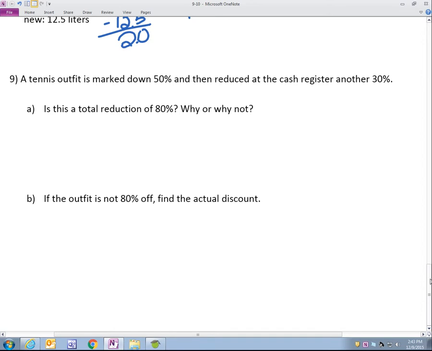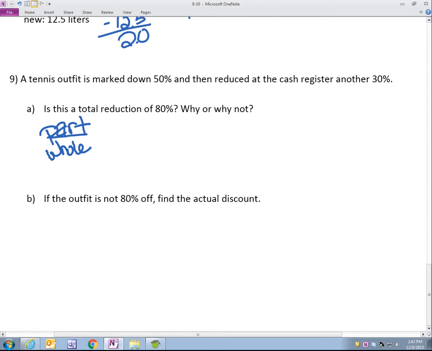Now, it is not, and here's why. Remember, whenever you have a percent, it's part over whole, right? Doesn't the whole change after you've already taken a reduction? Yeah.